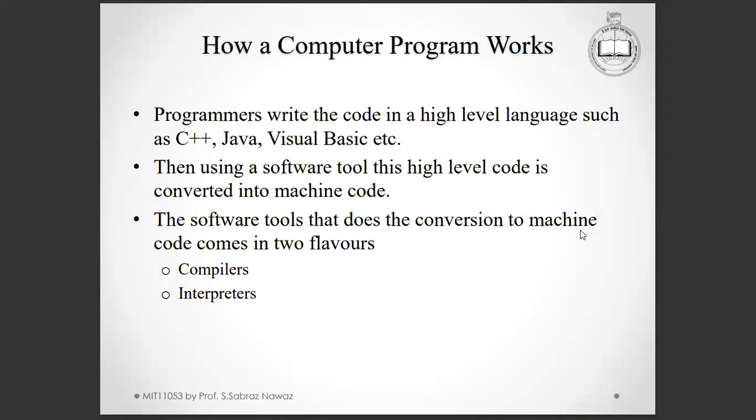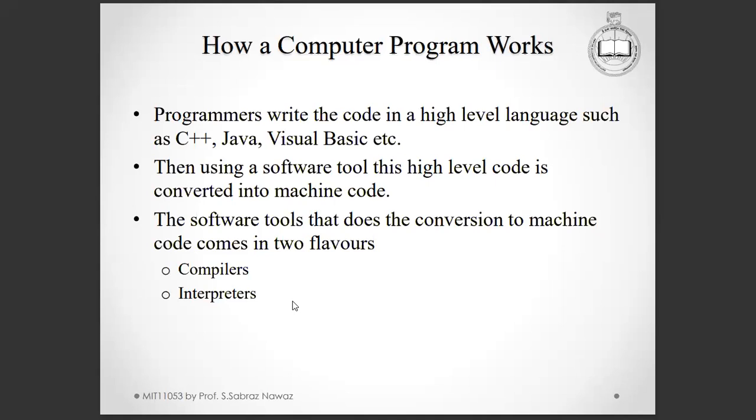So now we will see the continuation. Programmers write the code in a high-level language such as C Sharp, Java, Visual Basic, etc. I told you, right? Now we are not going to write the program in a machine language or in an assembly language. Of course, we are going to write the program in a high level language.